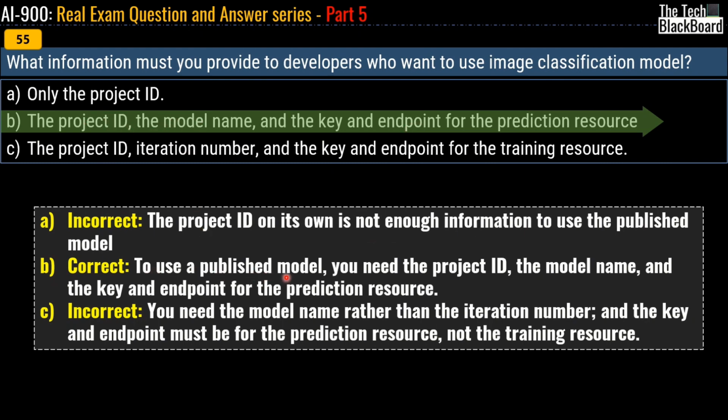Because to use a published model, you need to provide the project ID, model name, and the key and the endpoint for the prediction resource. The third option is also incorrect. The reason is that you need to provide the model name rather than the iteration number. And also understand the key and endpoint must be for the prediction resource and not for the training resource. And that's why option C is an incorrect option.